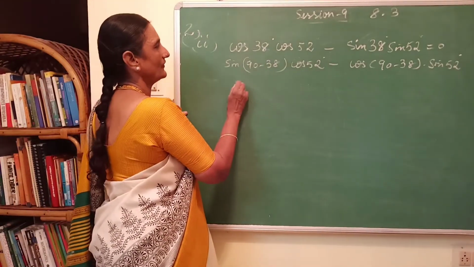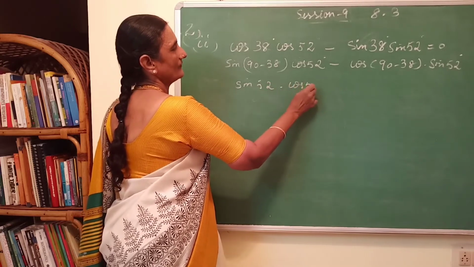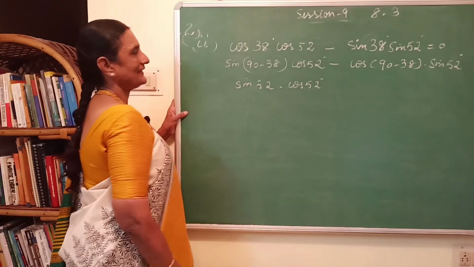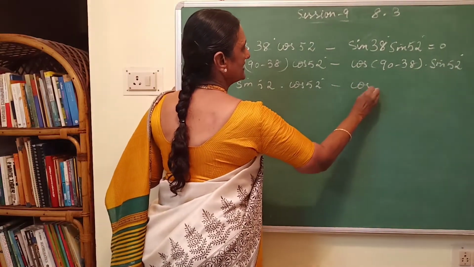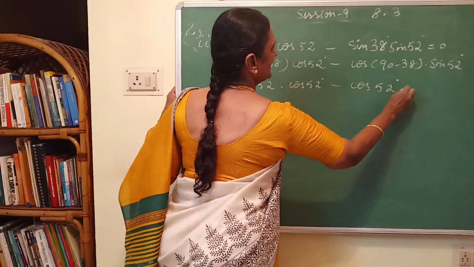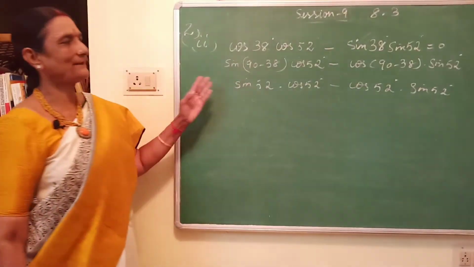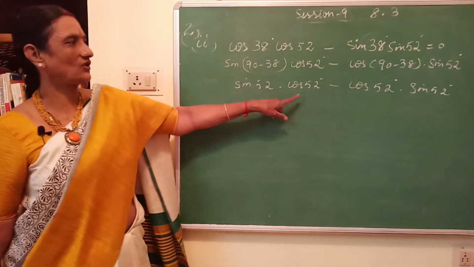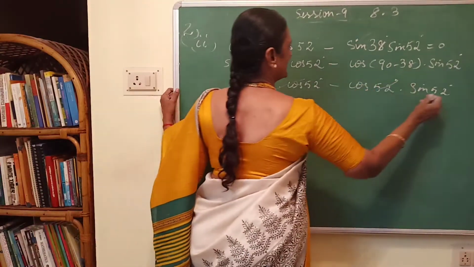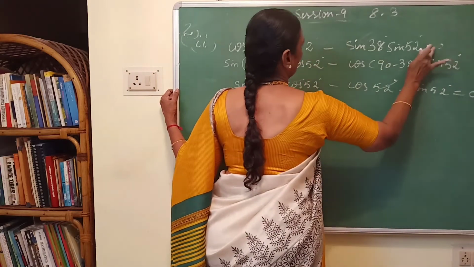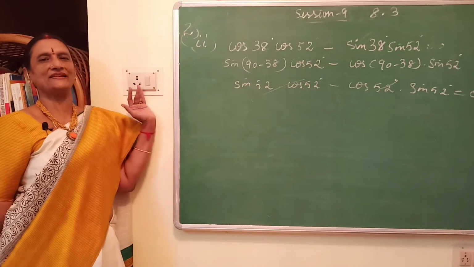Here sine of 52 degrees into cos of 52 degrees, and then here this is cos of 52 degrees into sine of 52 degrees. Now look at the pattern, sine 52 into cos 52, sine 52 into cos 52, both will get cancelled and give you an answer 0. This is the first method.